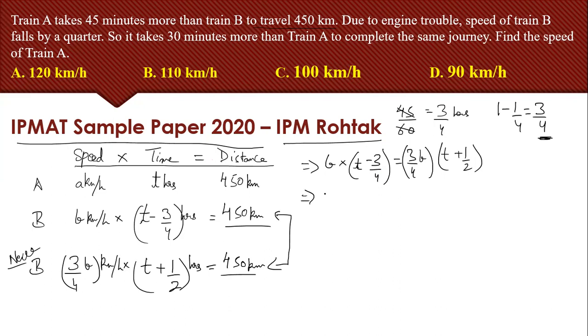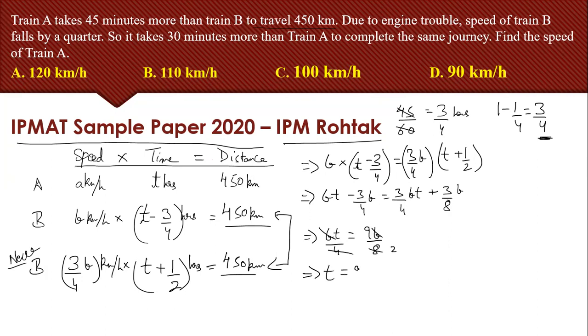So this will give me BT minus 3 by 4 B equals to 3 by 4 BT plus 3 by 8 B. By solving this, I'll get BT by 4 equals to 9B by 8, and B will get cancelled. Time will turn out to be 9 by 2 hours.